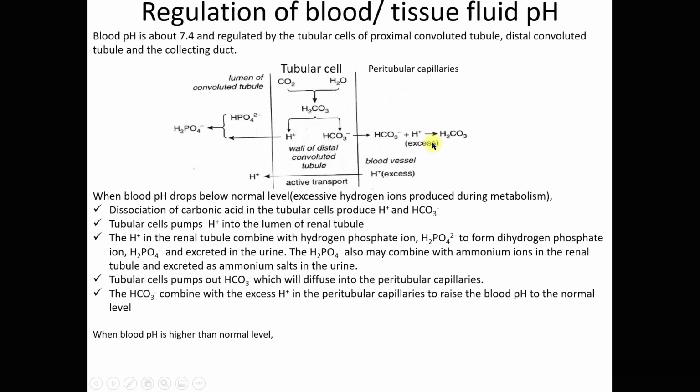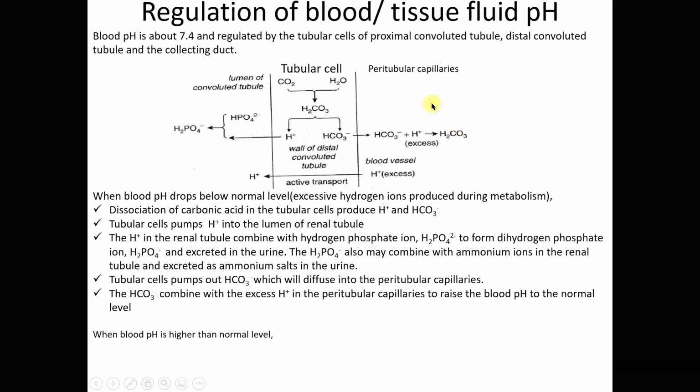Right? Okay, so again let me rephrase. The hydrogen carbonate ions that diffuse into the peritubular capillaries will combine with the excess hydrogen ions to form carbonic acid in the peritubular capillaries, and this will raise the blood pH to the normal level.